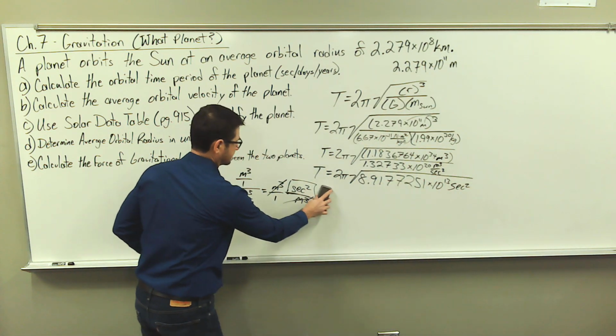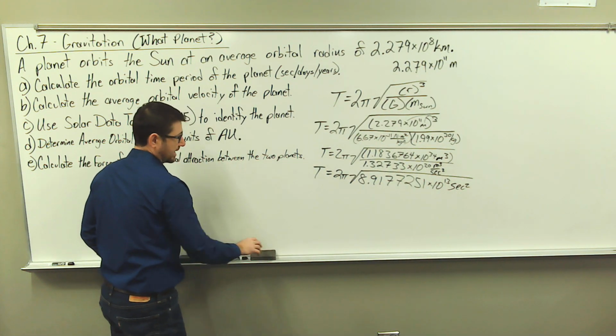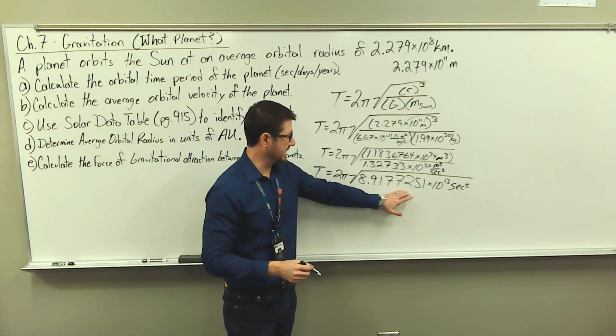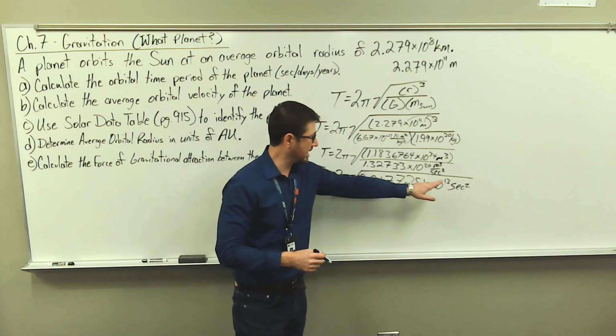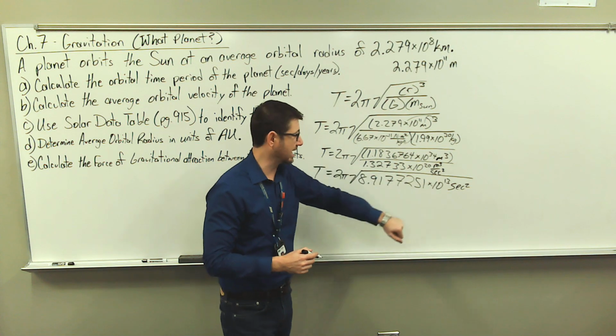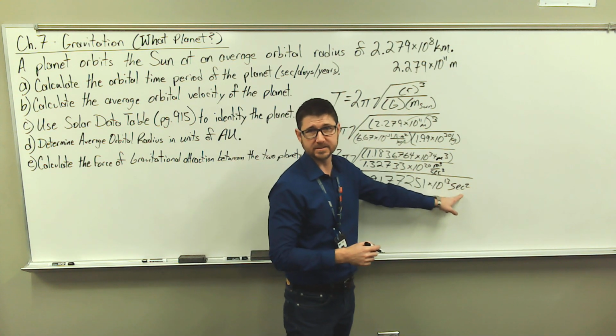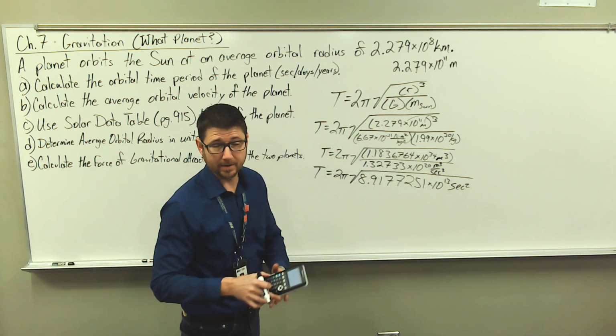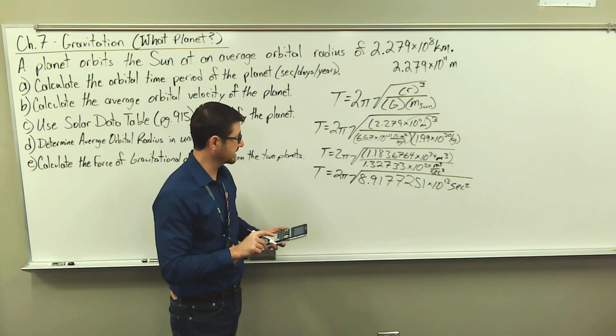All right. Okay, so now what we need to do is take the square root of our numerical value and the square root of our unit value. So you know the square root of second squared will give us units of seconds.